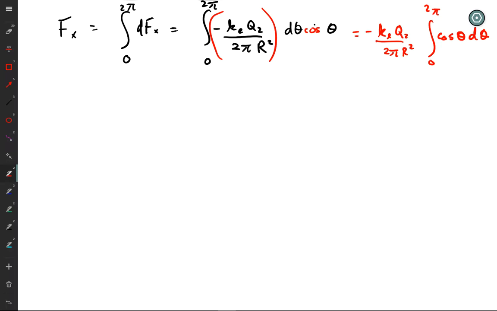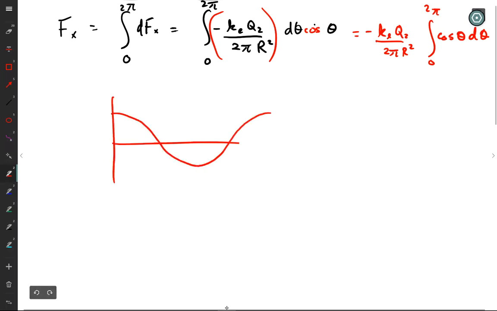You guys have learned a lot of calculus and you want to just do the calculus. But at this point in life, it's time to start thinking a little deeper. Think about what it means. A cosine curve goes like this, and over one cycle, it goes like this.